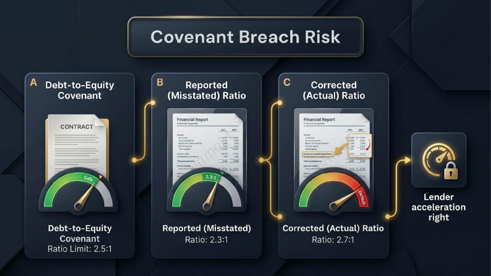For example, a reported debt to equity ratio of 2.3 to 1 may appear safely within a 2.5 to 1 limit. But if correcting a liability moves the ratio to 2.7 to 1, the borrower may be in technical default. That affects lenders directly. When a question mentions a covenant, ratio limit, or contractual threshold, do not evaluate size alone.